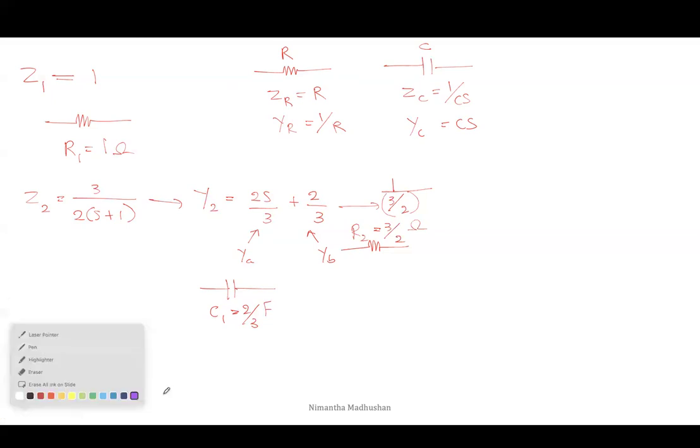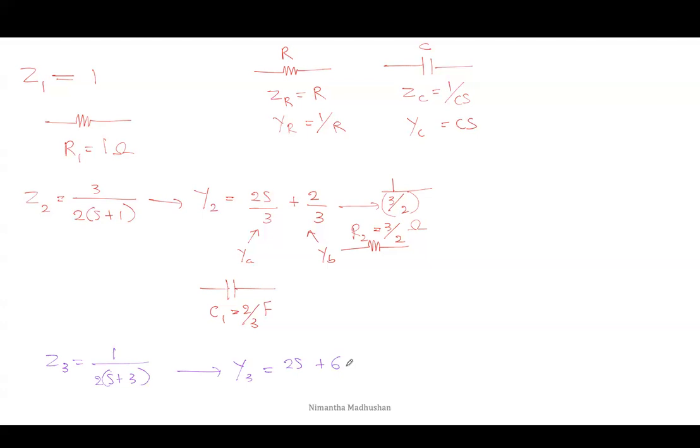Then I consider Z3, whose value is 1 over 2 times (s plus 3). For this one also I consider the admittance value, which will be 2s plus 6.